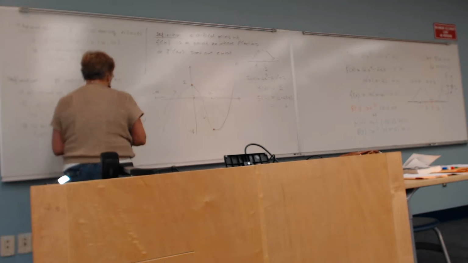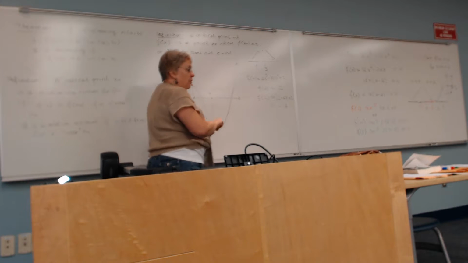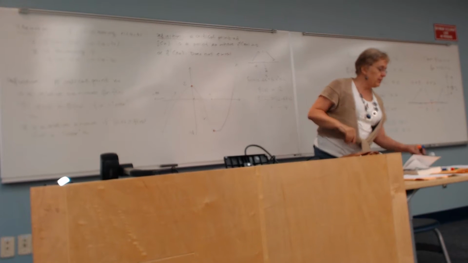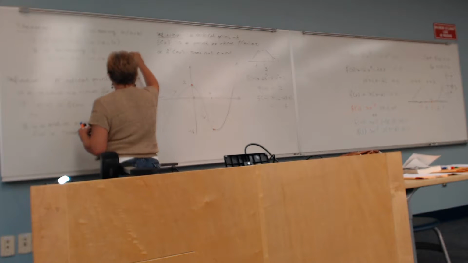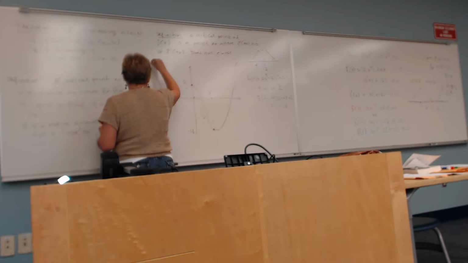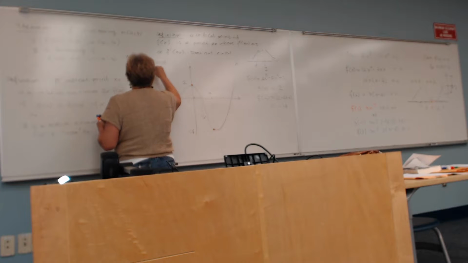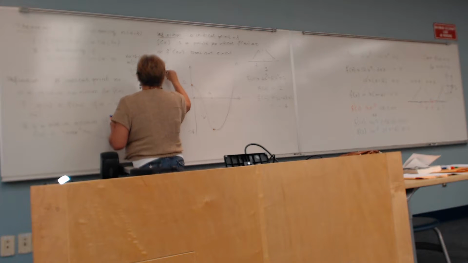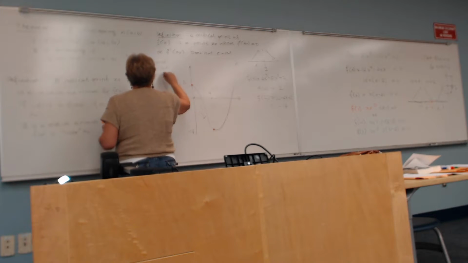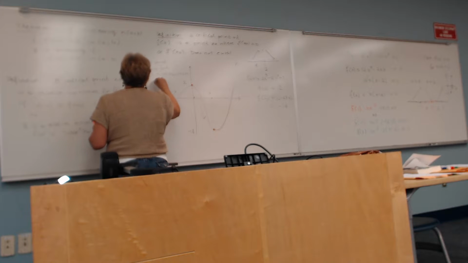I want to keep this definition of critical point on the board, because it's important that you realize that x0 is an inflection point if f prime of x0 is equal to 0, but x0 is not a relative maximum nor a relative minimum.